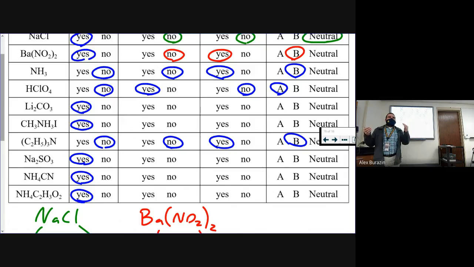When your ion comes from a strong substance, the ion as the conjugate of that is neutral. If your ion comes from a weak substance, the ion as the conjugate is also weak, meaning it does have some basic or acidic properties depending upon which piece you're looking at. Are there questions?